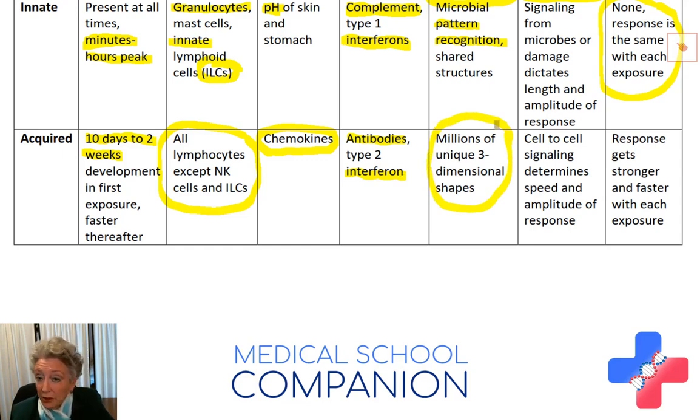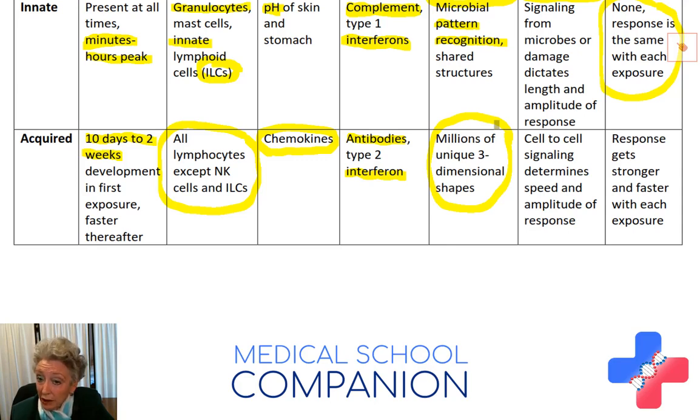And it is estimated that every single human being can respond to millions of different, unique, three-dimensional shapes of invading molecules and very specifically respond to them in an appropriate way.